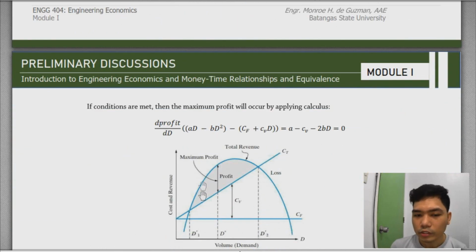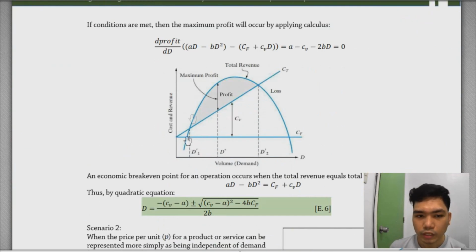So the graph of this equation is something like a curve or parabolic curve. So with this, we know quite well na as the demand increases, when we've reached our certain maximum profit, yung demand natin or then tsaka revenue, nagde-decrease na siya as we increase the volume of our demand.